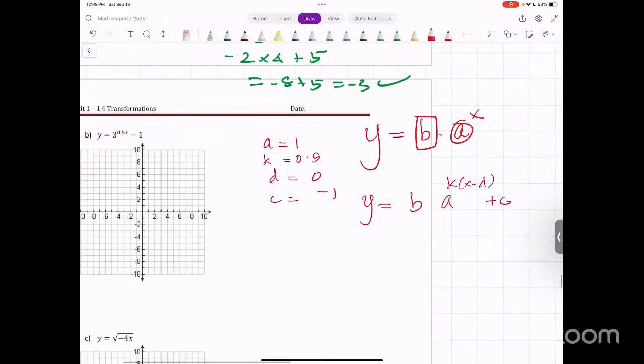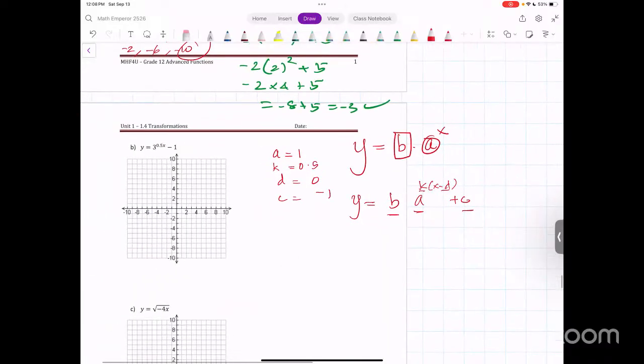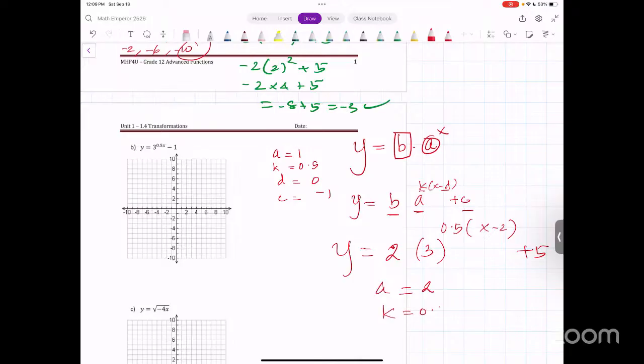Are you guys following that? Hello? Guys, the common transformation: 2, 3 to the power of 0.5, X minus 2, plus 5. Then A is 2, K is 0.5, your D is 2, your C is 5.